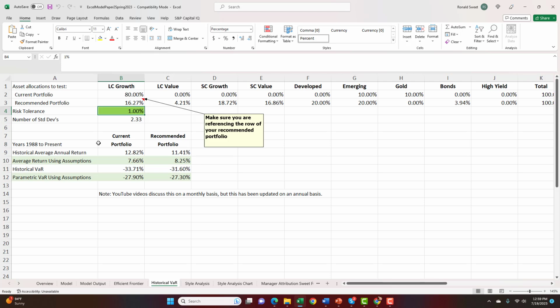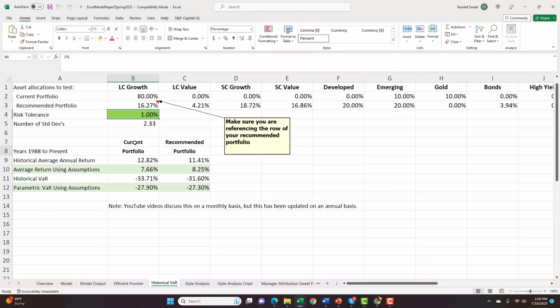So I have it set up at 1%. And what I have down here is that current portfolio I started with and what the wealth manager is recommending based off of the efficient frontier. And I have historical data, and I have my assumptions that I used, which is my forecast, my data going forward.